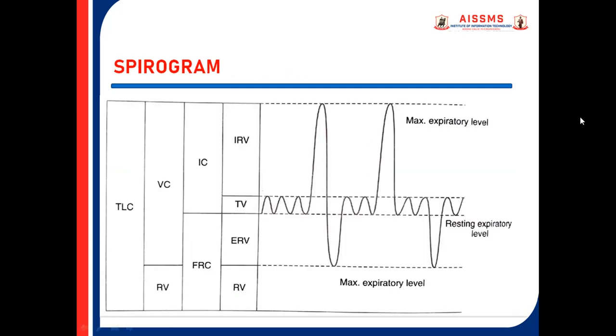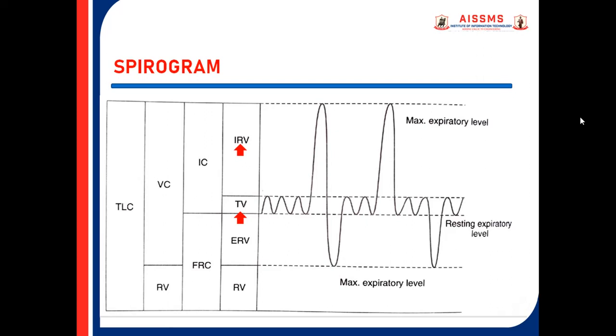Spirogram. Now we will discuss the different terminologies under the spirogram. Tidal volume. The volume of gas inspired or expired during normal quiet breathing is known as tidal volume. Inspiratory reserve volume.